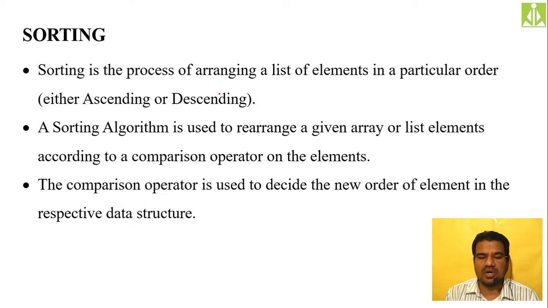A sorting algorithm is used to rearrange a given array or list of elements according to a comparison operator on the list. Whether you are arranging them in ascending order or in descending order, the comparison operator depends completely on that. If you are arranging them in ascending order, always look for a greater element so that it is pushed to the last.